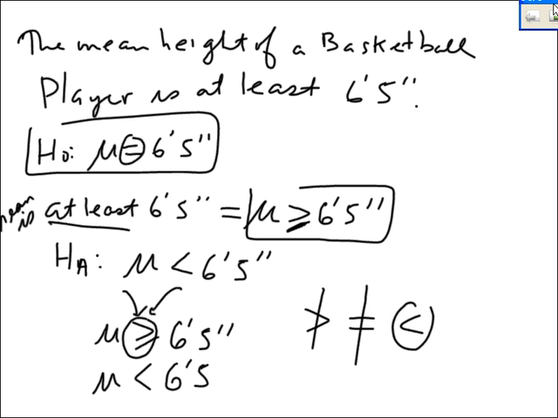And when you go to pick the alternative, you pick the one that does not have the equal line. This says equal, and this one does not. So I'm going to pick that one for the alternative. It's the one that fails to have the equal sign.